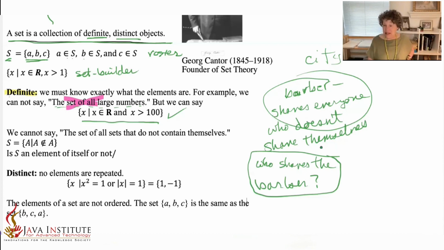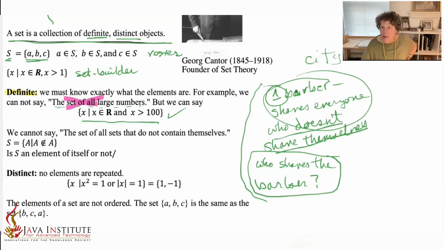Okay, somebody says he shaves himself. Okay. But he only shaves the people who don't shave themselves. If he shaves himself, then he's one of the people that doesn't shave himself. But if he doesn't shave himself, he shaves himself. And somebody's saying another barber, one barber, okay? His wife. It's confusing. Okay, whoever said it's confusing has the absolute best answer.